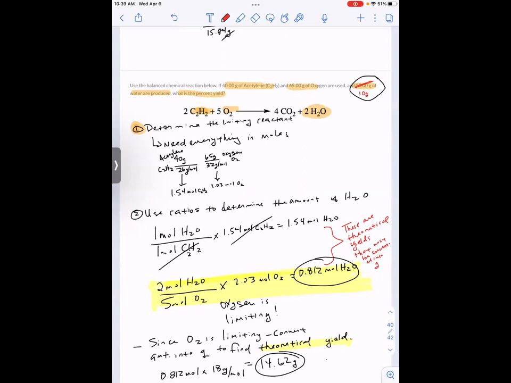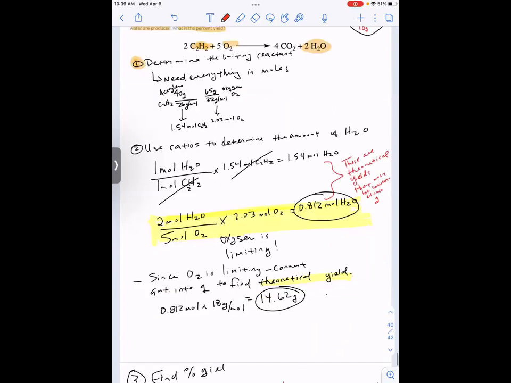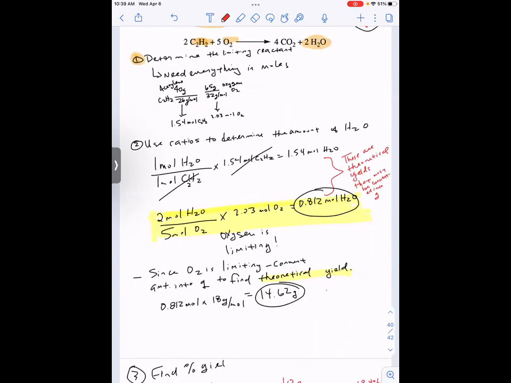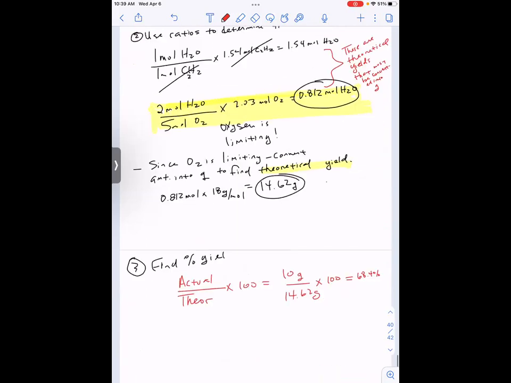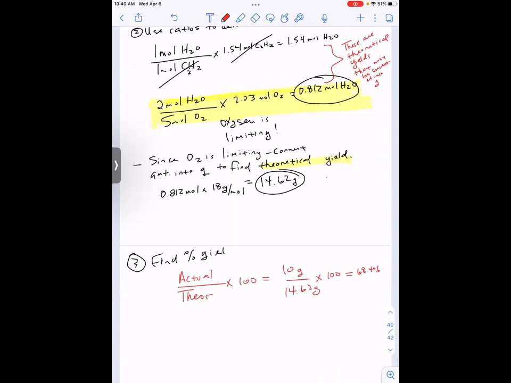But let's focus on the process. First, turn everything into moles. Then use the ratios from the balanced equation to determine the limiting reactant. That limiting reactant is also what we use to get our theoretical yield, which we said was 14.62 grams.